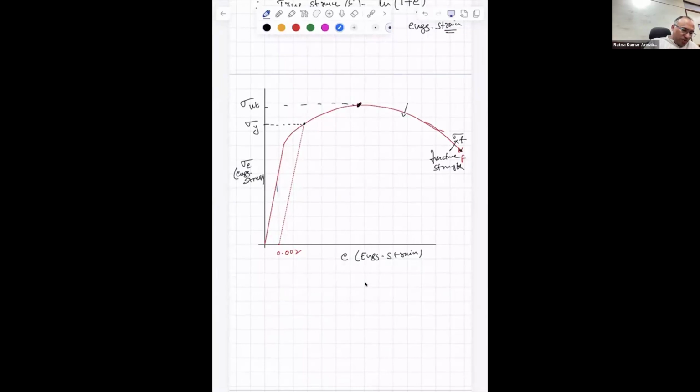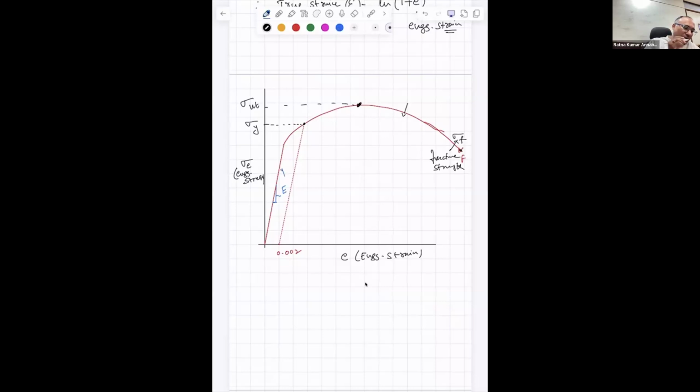So the slope of this is my elastic modulus, right? Strictly speaking, when you are measuring elastic modulus, you should not measure it on this line.